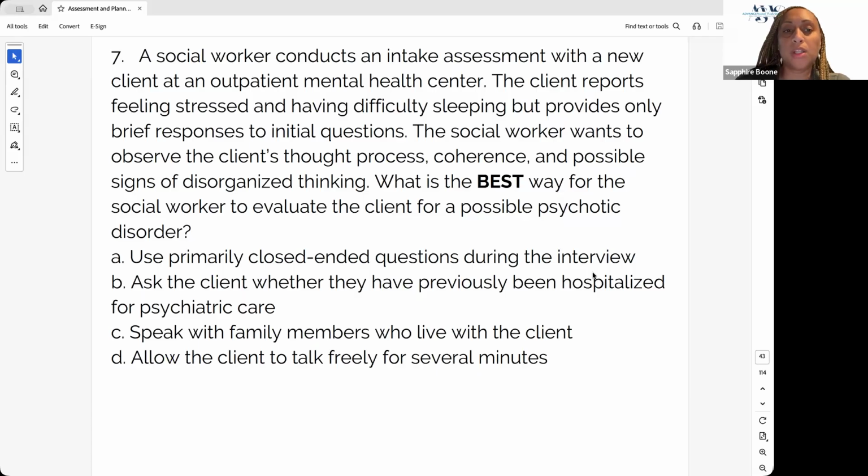The social worker wants to observe the client's thought process, coherence, and possible signs of disorganized thinking. What is the best way for the social worker to evaluate the client? Out of these four choices, what is going to be the best way to do that?